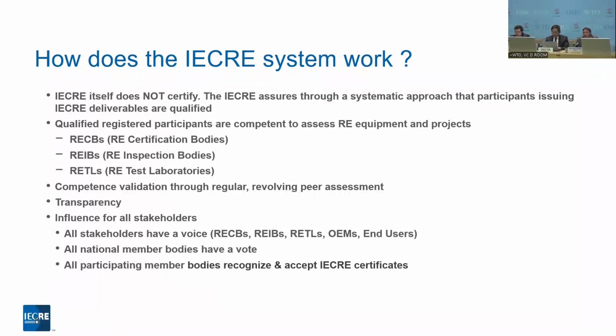So they are qualified through our peer assessment process, and this gives us transparency. And the IECRE is also very unique from some of the other conformity assessment systems in that we engage quite a few stakeholders, as we'll see later on, so they have input into the system. This helps to facilitate the mutual recognition, and also the IECRE can have deliverables that are needed for the market for all of these stakeholders.